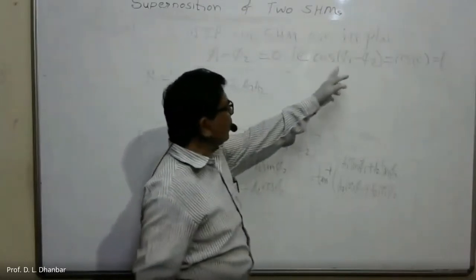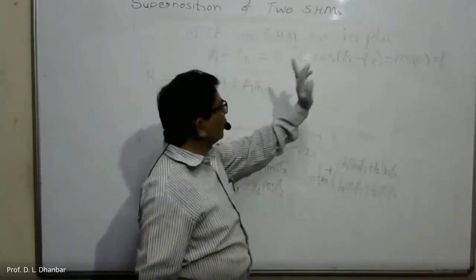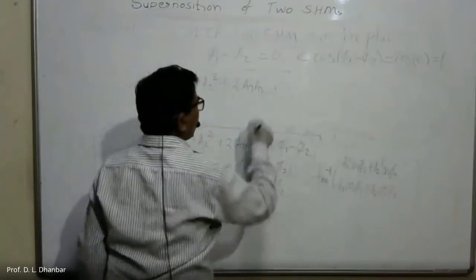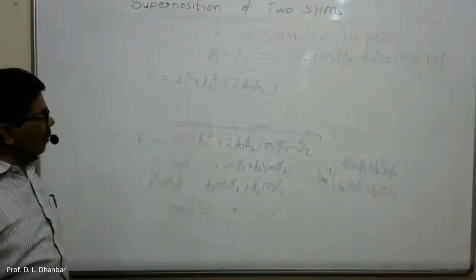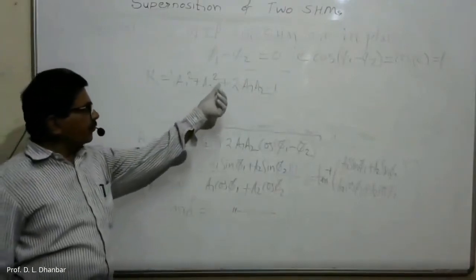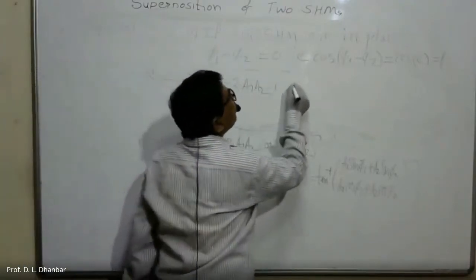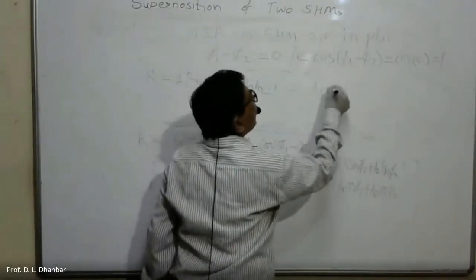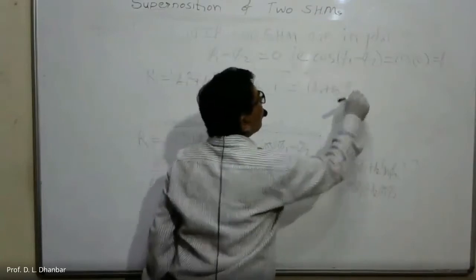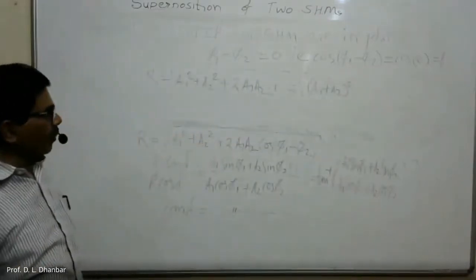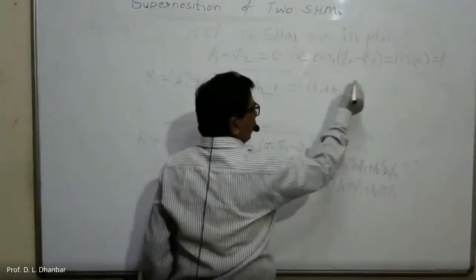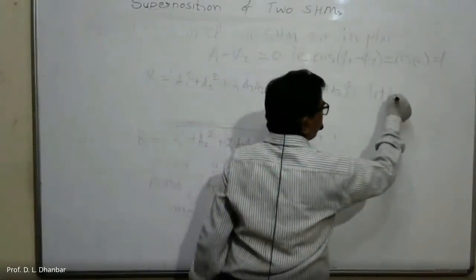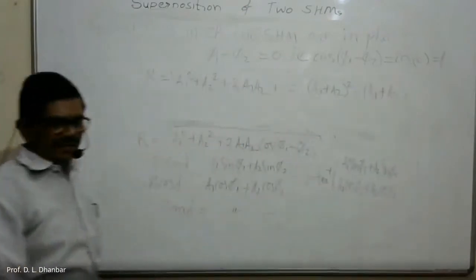As there is no phase difference, cos of 0 is 1. So this is nothing but a1 square plus a2 square plus 2 a1 a2, which is equal to under root of a1 plus a2 bracket square. Taking the square root of the square, it is equal to a1 plus a2.